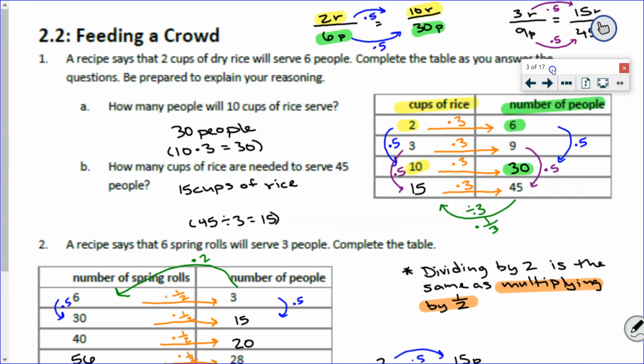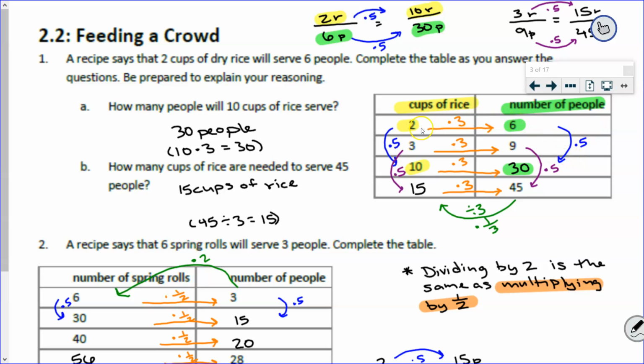Let's quickly review the things that we noticed in our lesson in the last video, and that is we looked for patterns and we really focused hard on the patterns that help us go across the table. So even though we know how to change a 2 into a 5, a 2 into a 10 by multiplying by 5, those strategies didn't help us with our warm-up.